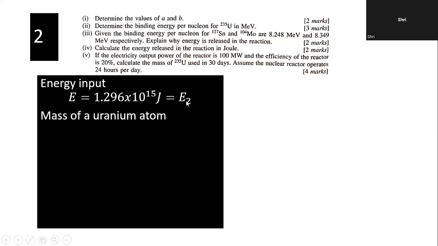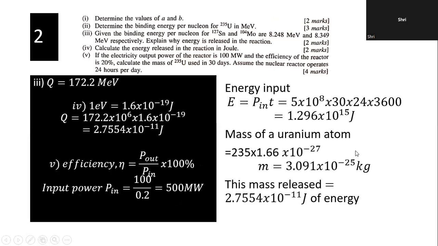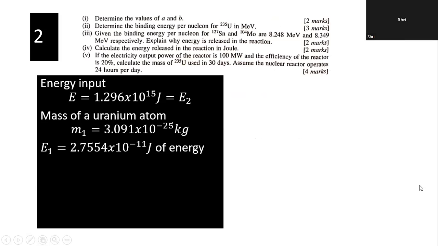So that energy is called your E2, for the mass of uranium atom. I'm just rewriting all this for you so that you can see what I'm doing.